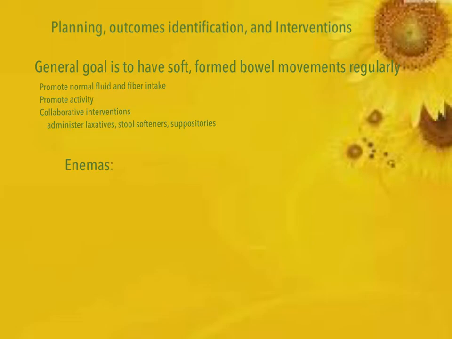Okay, so in class, or in lab, you did a soap suds enema, also known as a cleansing enema. The only soap you can use with a cleansing enema, by the way, is cast-iron soap. Nothing else is okay. And these are large volumes.